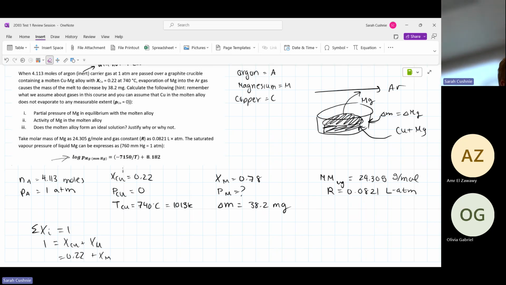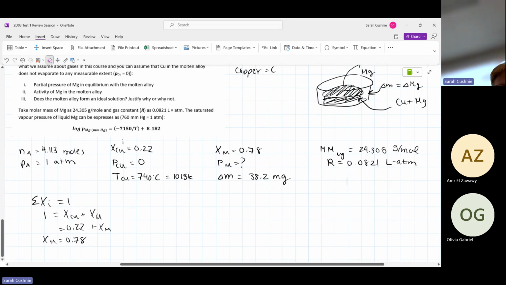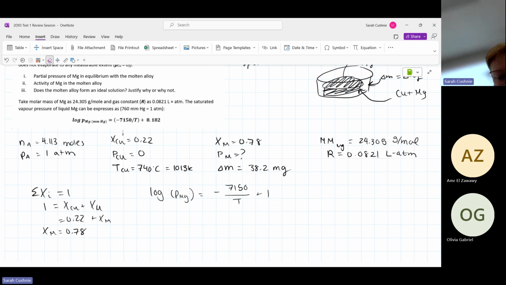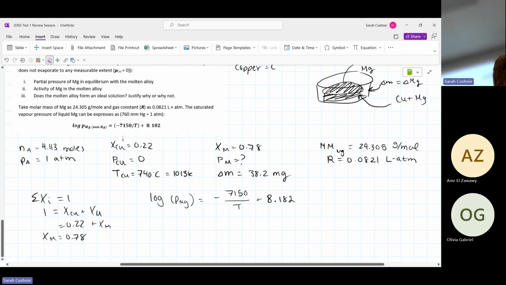The next thing I'm going to do, because I'm a little lost, is calculate the equation I'm given. Why not? It's kind of fun. So I know that log of P Mg is equal to negative 7150 divided by T plus 8.182. The temperature we're going to be using here has to be in Kelvin, right?